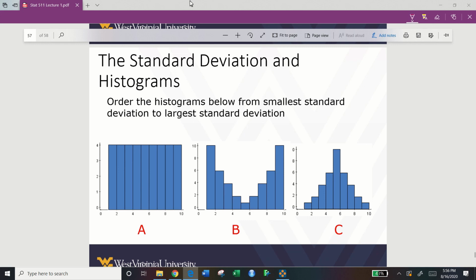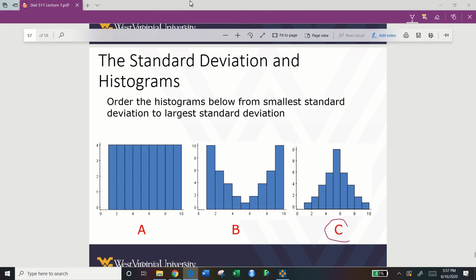By taking a look at our histograms, we are asked to order the histograms below from smallest standard deviation to the largest standard deviation. Values that have less spread are going to have smaller standard deviations.